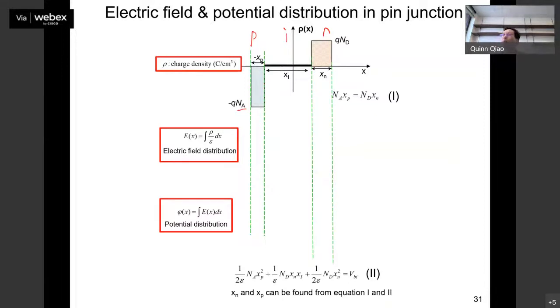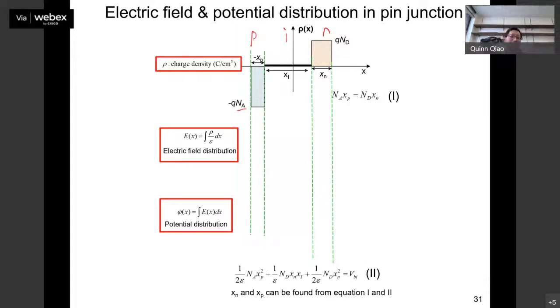Now the question here is why, on the P side, you have the charge. Because you're supposed to have positive holes, because you dope that side with these positive holes. That's why it's called positive charge, P. Now the free positive holes recombine with the free negative electrons from the N side.